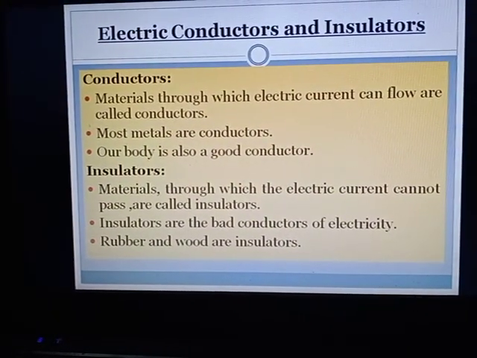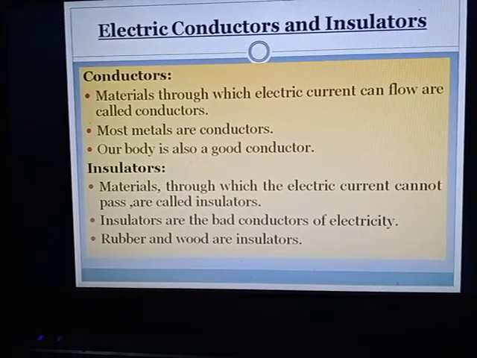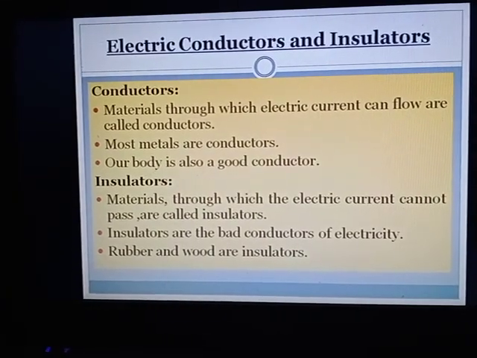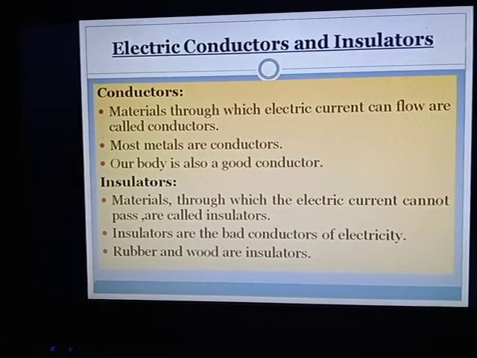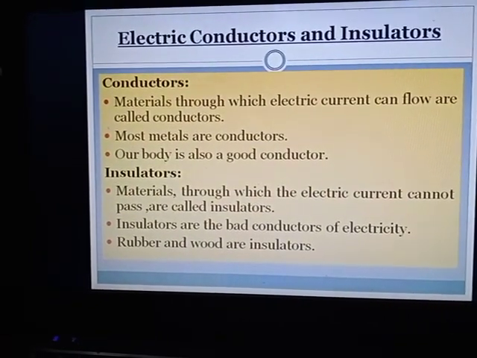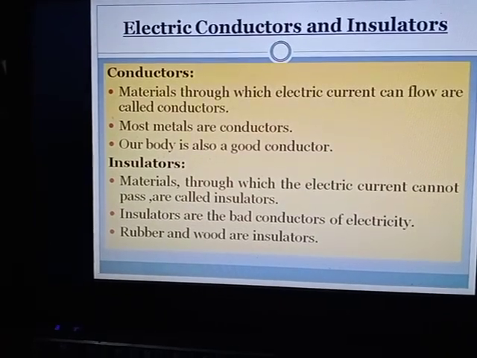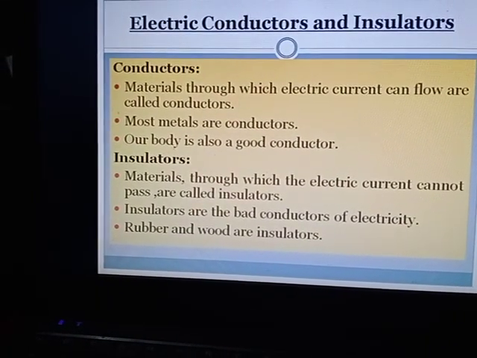Our body is also a good conductor of electricity, so care must be taken while handling electrical appliances. Next are insulators. Insulators are those materials through which the electric current cannot pass. Insulators are bad conductors of electricity, like rubber and wood.